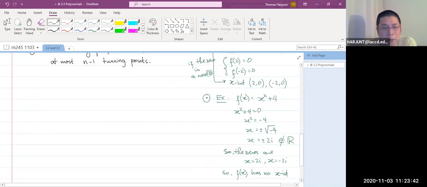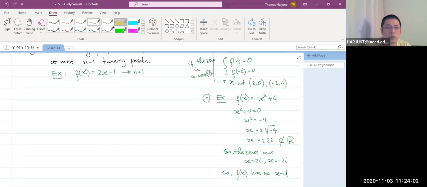So for example, to explain that idea, imagine you have a linear function. That's a polynomial, 2x minus 1. What is the degree? The degree is 1, right?